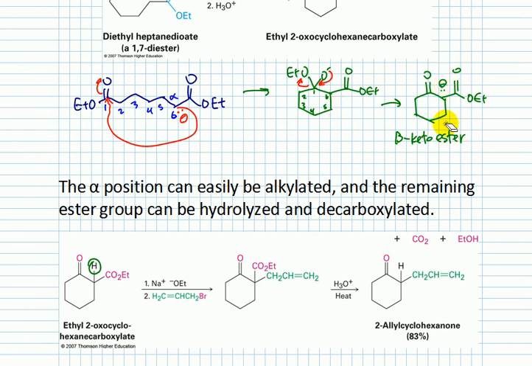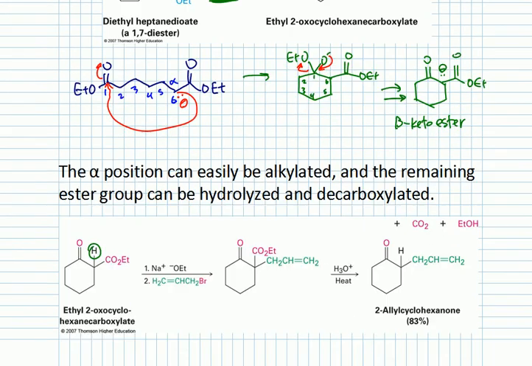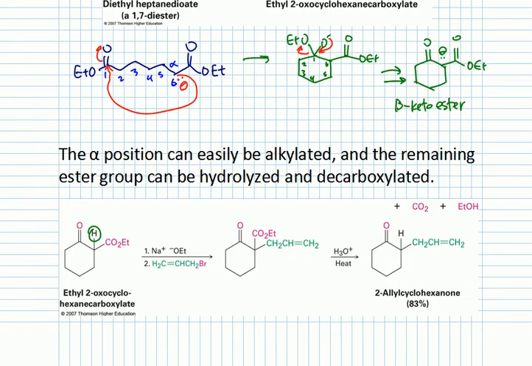The direct product of this after deprotonation is the enolate ion, so that's why we, in a second step, reprotonate to add that H back in. So you could reprotonate and get that neutral product, then you could deprotonate it again and alkylate there. Or if you're doing this all in one container, you could just forego that reprotonating step. This is the direct product of the Claisen reaction.